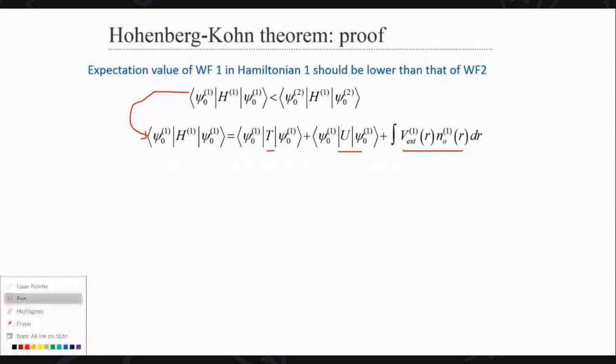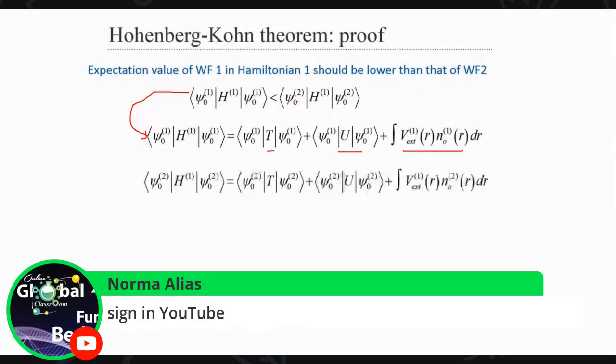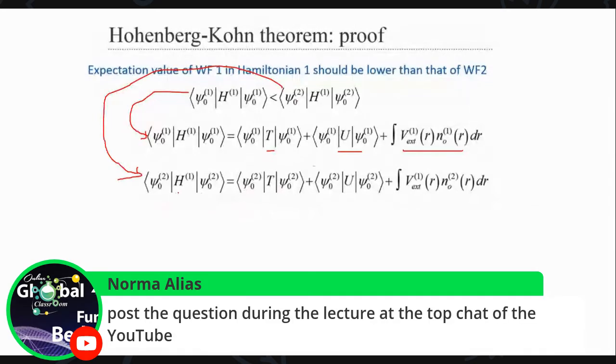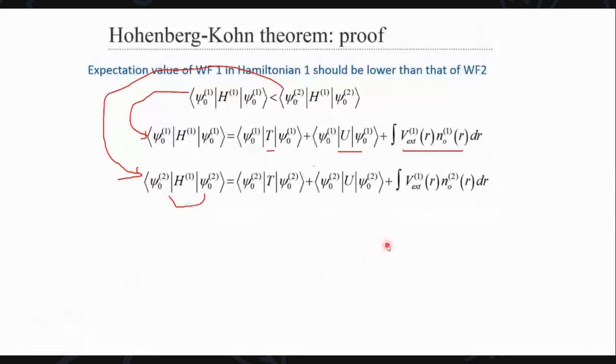And then if I expand the same for this expectation value, the Hamiltonian 1 using wave function 2, I will get the following. Now, I assume that the density for external potential 1 and the density for external potential 2 are the same.